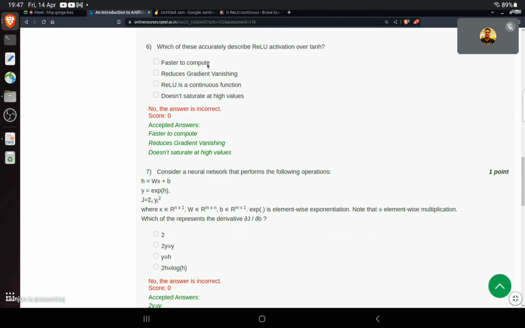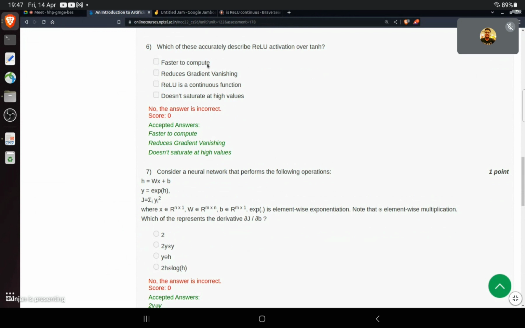But why are they saying that ReLU is continuous? This property is not a point of comparison. The question is asking whether ReLU is advantageous over tanh, and the property listed is continuity. So what will you get by comparing the continuity?